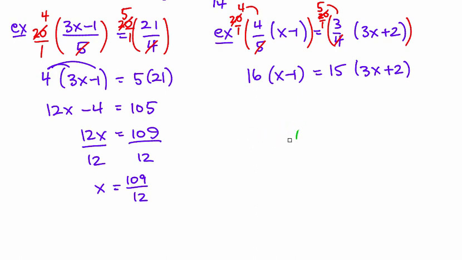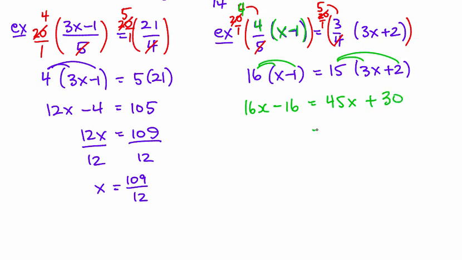So similarly, when I have 4 times this number, x minus 1, I really just want to do 4 times 4, 16, and then do the distributive law, 16 times x and 16 times 1. And on this side, 15 times 3x and 15 times 2.